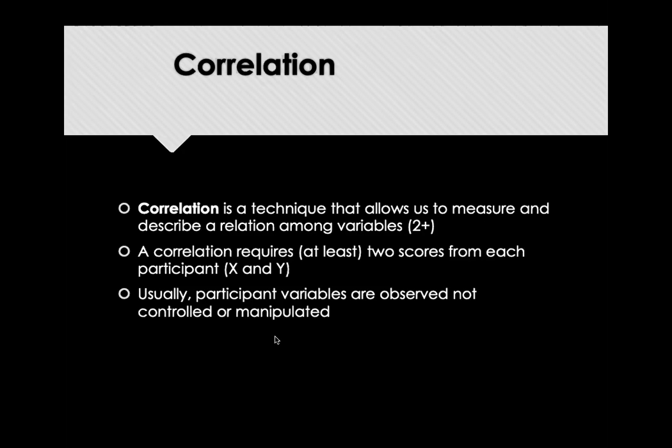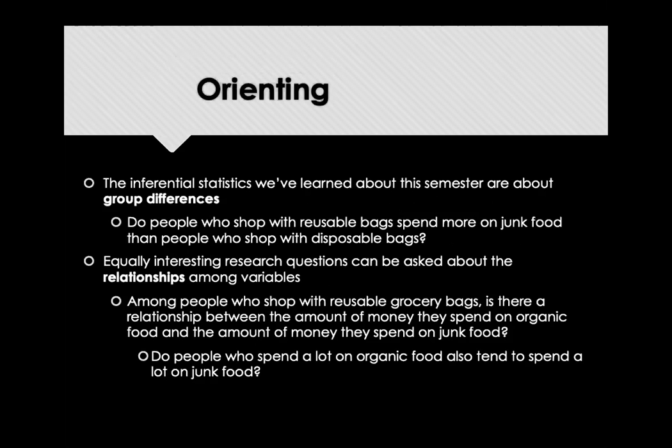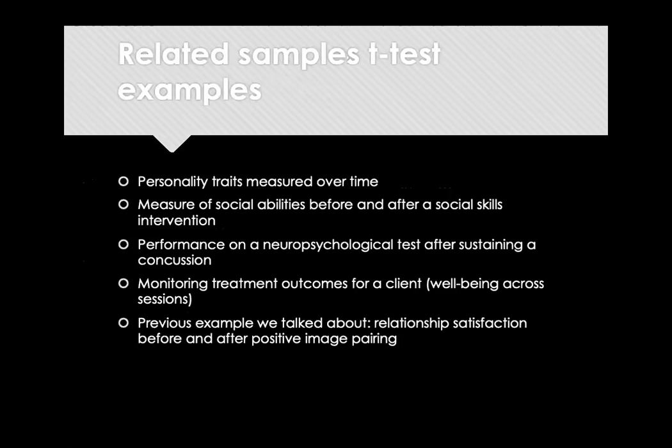But just briefly, here are some important points about correlation. So you might ask, wait a second, how is this different again from t-tests or ANOVAs that we've been doing? And remember, t-tests and ANOVAs look at group differences, whereas correlations look at relationships.